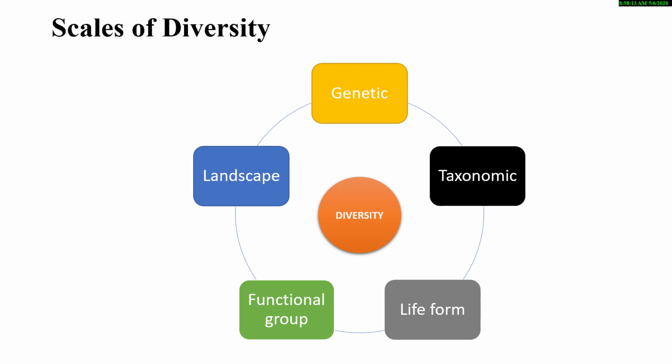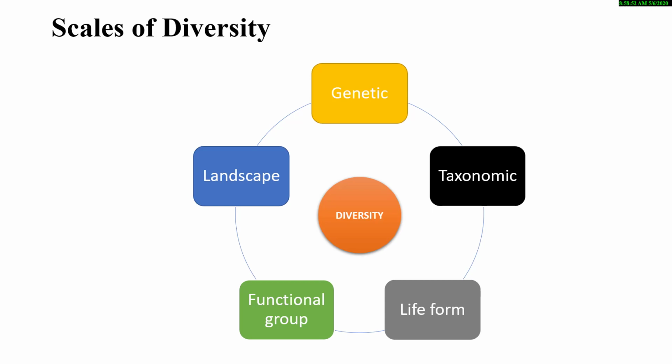We are talking about allele frequencies. In terms of taxonomic, we are referring to families, species, subspecies, and varieties. In terms of life forms, we are looking at it from the perspective of grasses, forbs, trees, mosses, shrubs. That is the categorization or classification of diversity in terms of life forms.